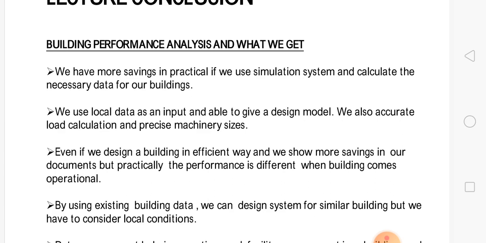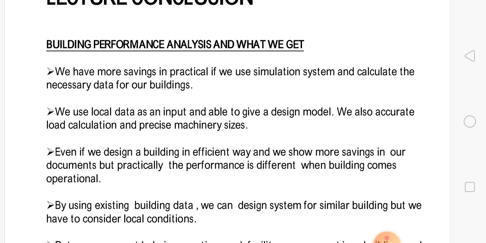So these are some conclusions from those factors included in our performance and simulation software. So we get accurate sizes, accurate things to go in a service system.